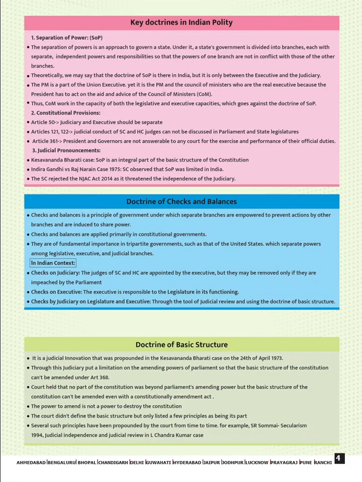Checks by the judiciary on the legislature and executive: through the tools of judicial review and using the doctrine of basic structure. So right now I have discussed the doctrine of basic structure. It is a judicial innovation that was propounded in the Kesavananda Bharati case on 24th April 1973.